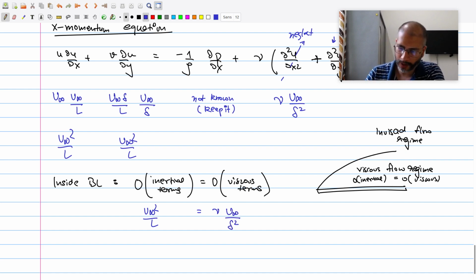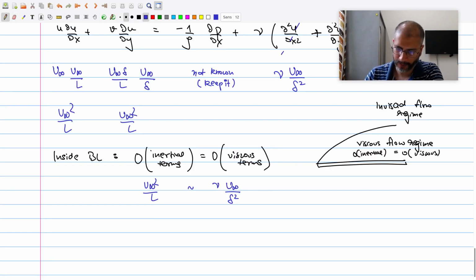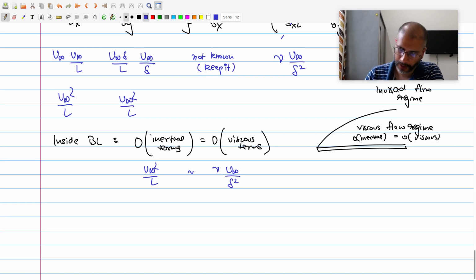For these two orders to be equal, using the tilde for orders, that means our kinematic viscosity nu has to go as, let's simplify this.